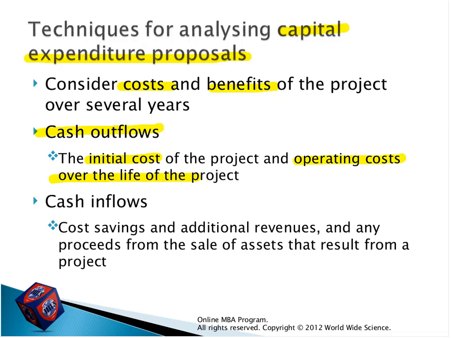The next thing to consider is the cash inflows. These are the cost savings, additional revenues, and any proceeds from the sale of assets that result from a project. This is all about how much profit the project brings to the company, like cost savings.